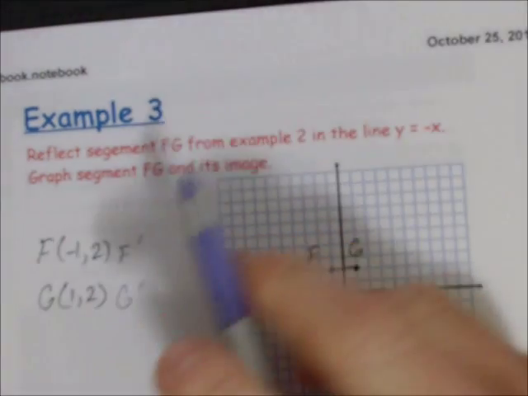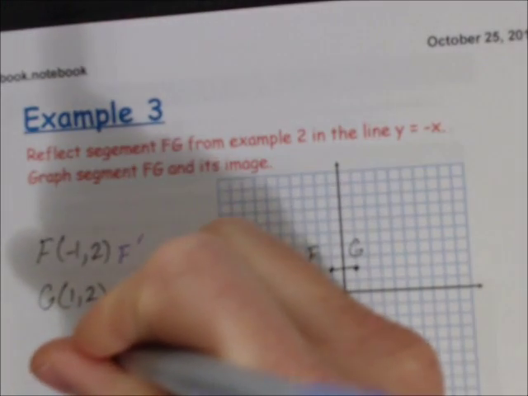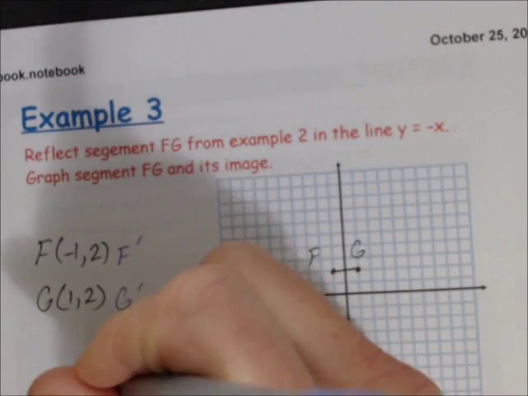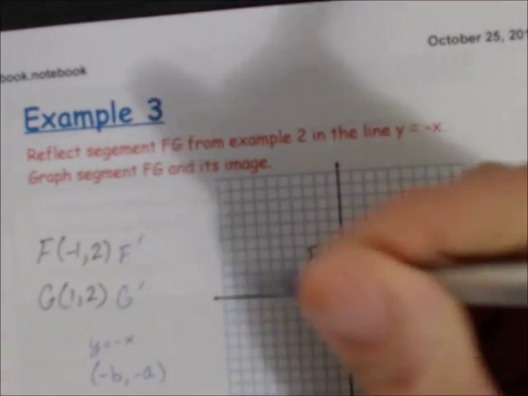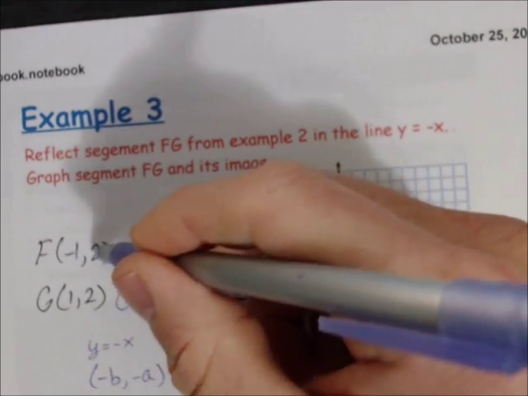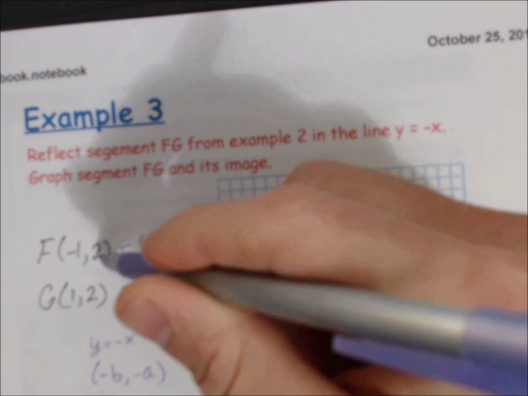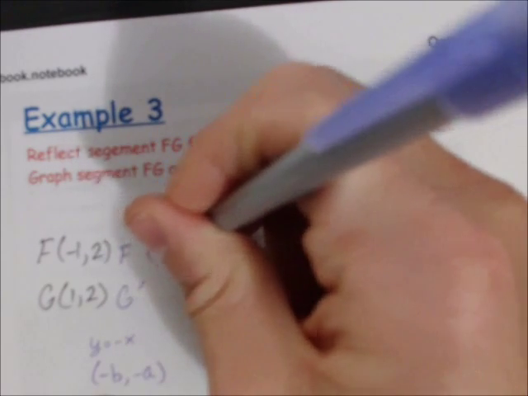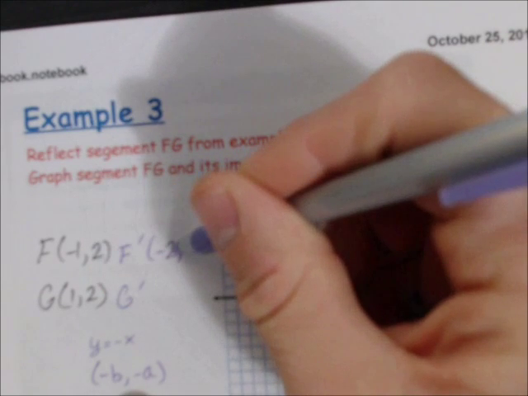So the rule states that in a reflection about the line y equals -x, our new coordinates should be -b, -a. B is the y coordinate, so if we do negative b, we'll get negative 2, and we have to change that then to the x-coordinate. So this becomes negative 2 for the x-coordinate of F prime.